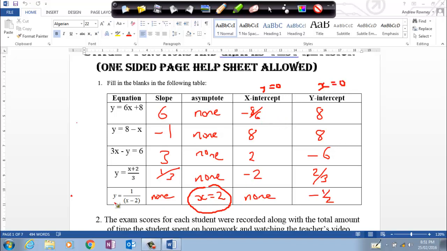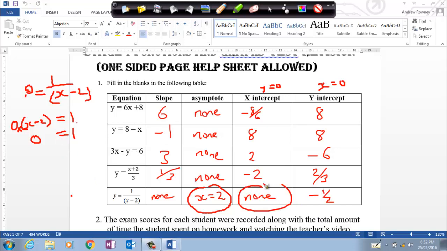So for the x-intercept, if we put 0 equals 1 over x take 2, and then you multiply 0 by x take 2, because at the moment it's being divided by x take 2, you'll have this next line, 0 times x take 2 equals 1. Now anything times 0 is 0, and you get 0 equals 1, which is silly. So what that means is that there can't be any x-intercept, which is why we've got none there.